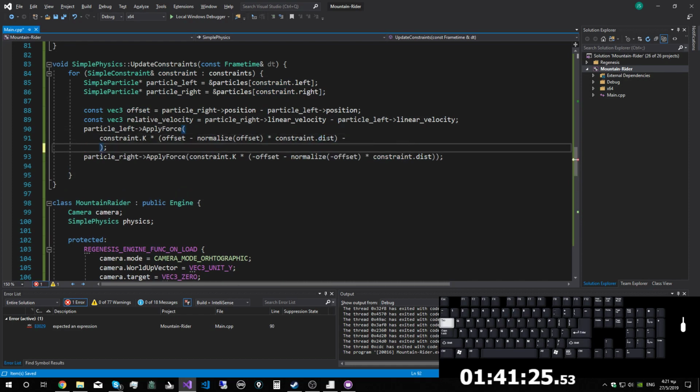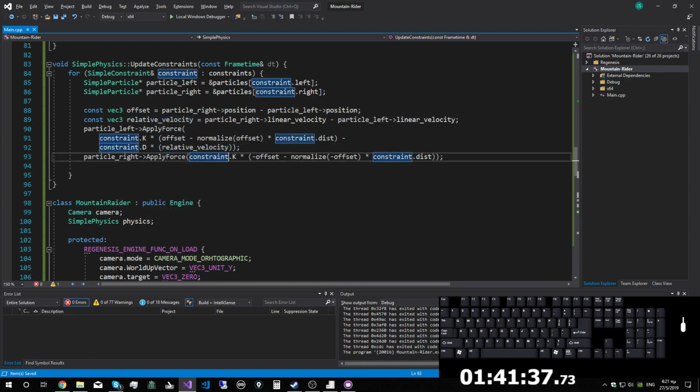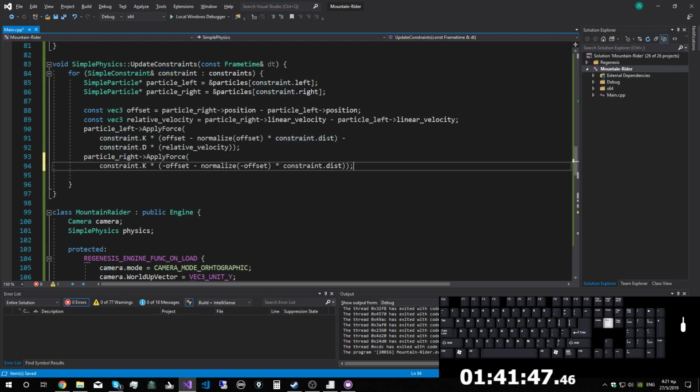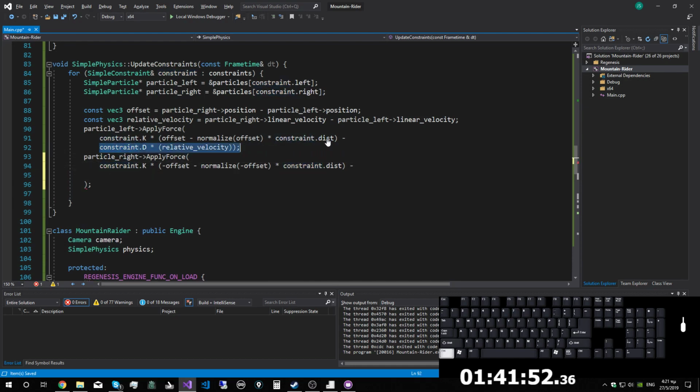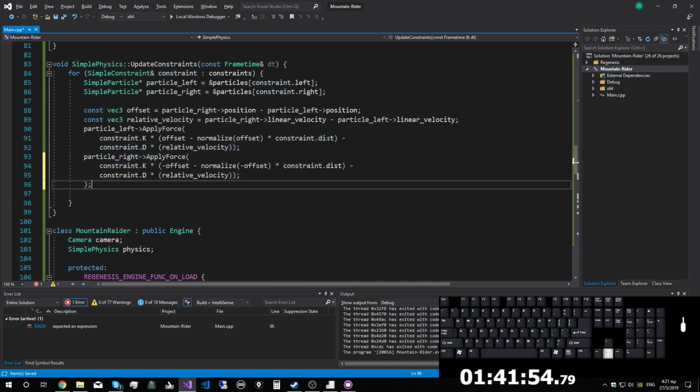Let's make it like this. Constraint d times the relative velocity, and yeah, probably this is just minus.